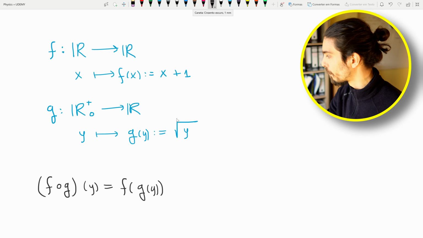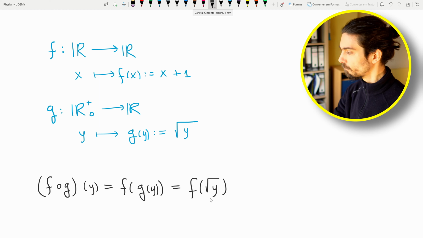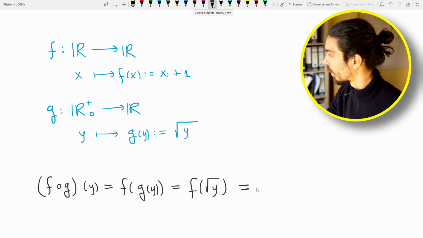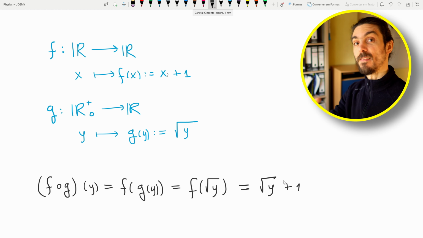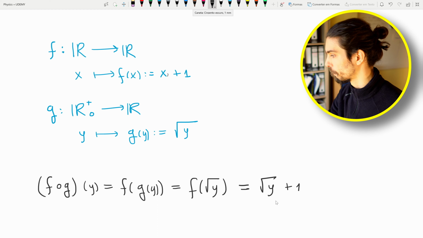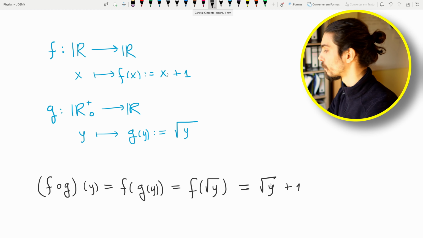Well, g of y is the square root of y. And so where this symbol is, let's replace it by its abbreviation. So f of the square root of y. In turn, what we find is the square root of y plus 1. So where was x, now is this form here. Now this is the first composition.